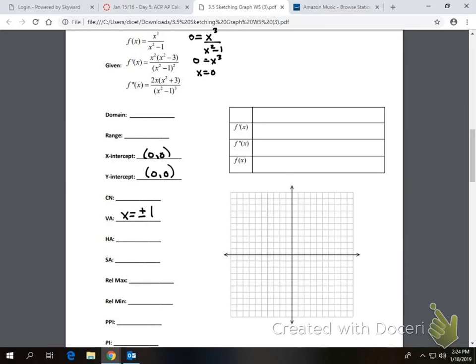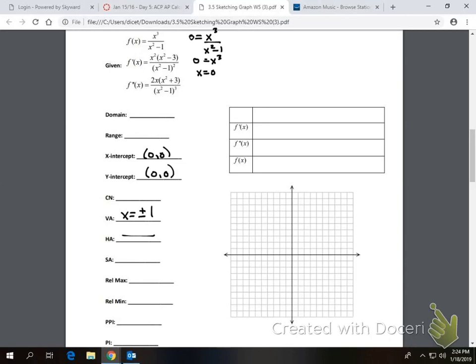Degree bigger in the denominator, y equals 0. Degree bigger in the numerator, there isn't one. Now, what's the difference in the degree? Because the degree is bigger by 1 in the numerator, what do we now know there is? Say it louder, I can hear it.